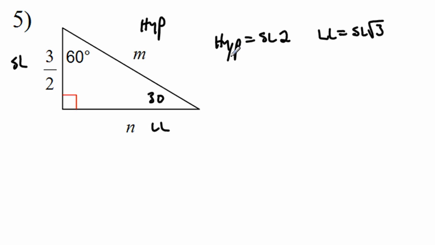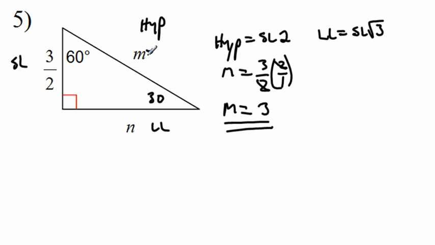So I know that the hypotenuse is m, and I know the short leg is 3 halves, and then I know this is 2 over 1. We look at it this way because then we see that these two are going to cancel, and so we get m equals 3.